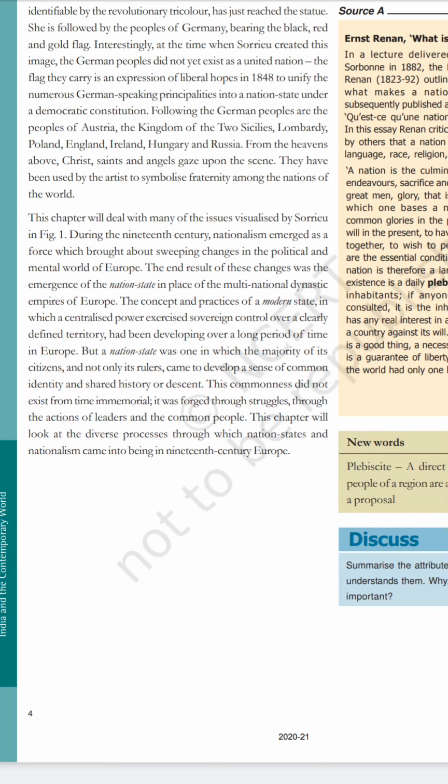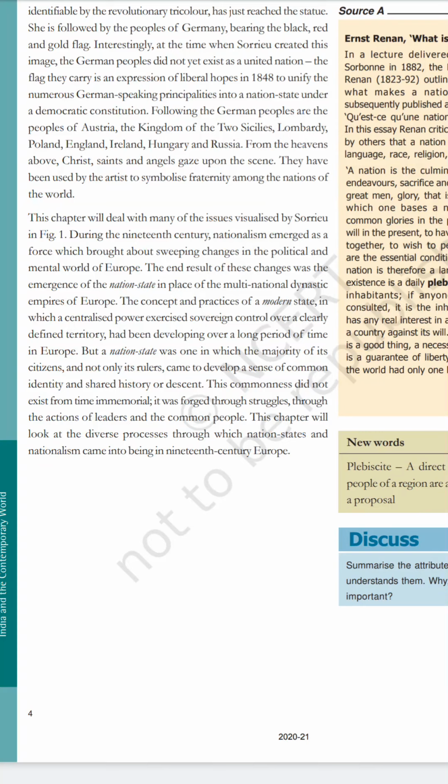The end result of these changes was the formation of the nation state. The national state and the modern state are different concepts.